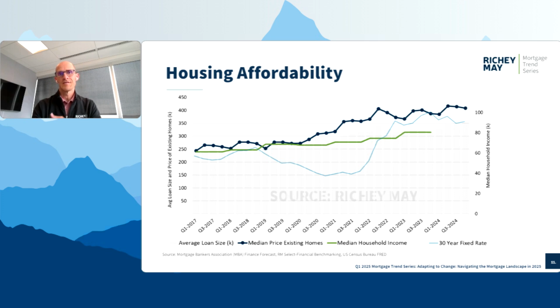And as the lock-in effect, seniors aging in place, and everything else leads to the undersupply of for-sale inventory, it makes it very difficult for them to get into the housing market and buy a home at the current cost and the current interest rates without money coming from mom or dad or grandma or grandpa.